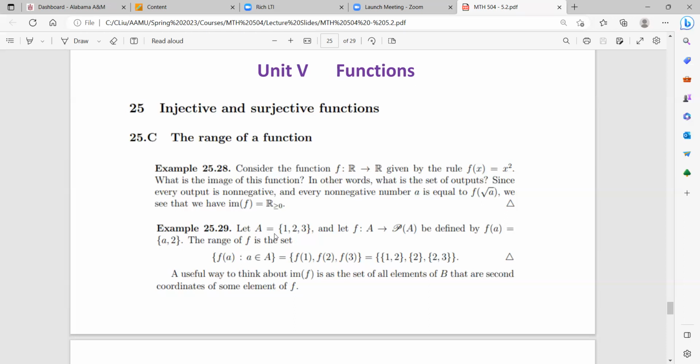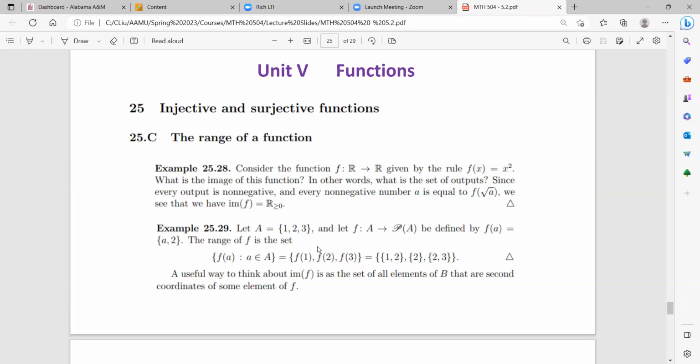So then if you pick all the elements or numbers in set A, you're going to get the range of the function, which includes 3 sets. If you pick 1 for a, you get f(1).